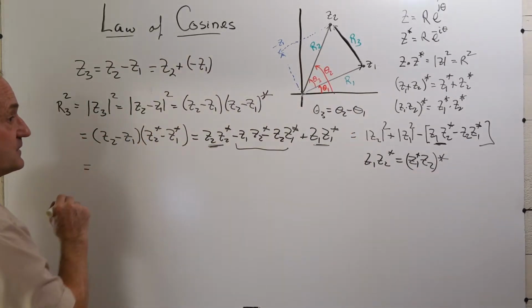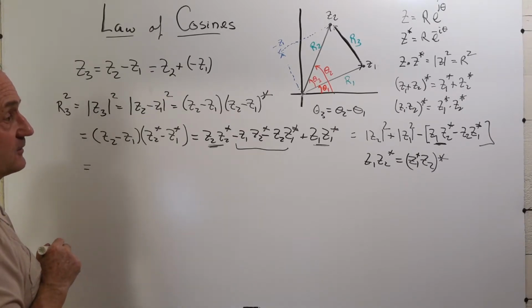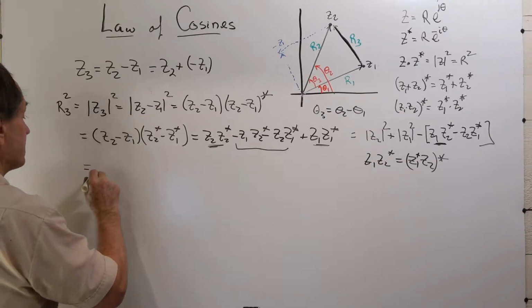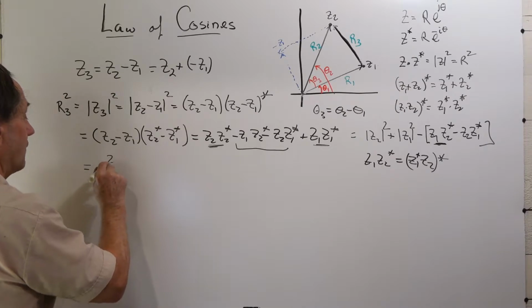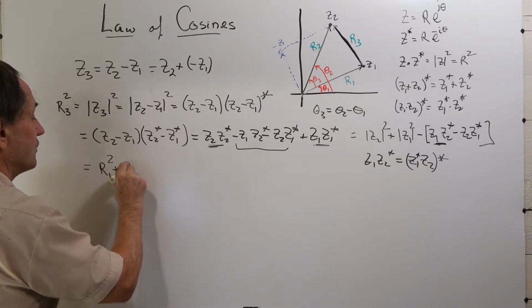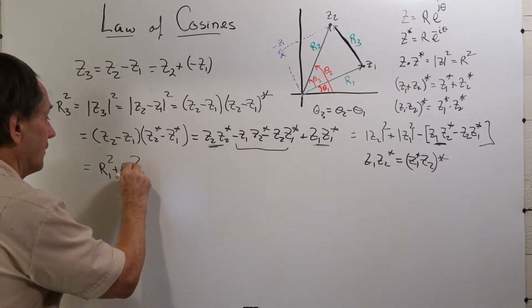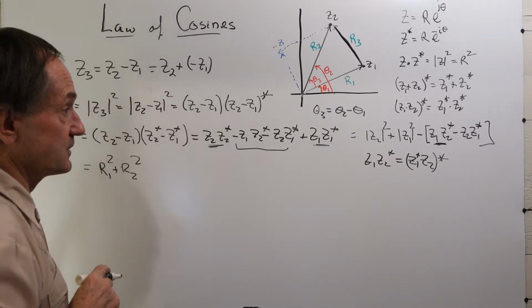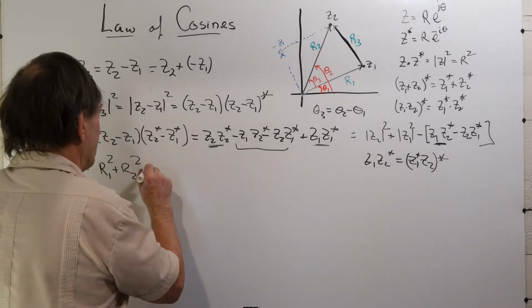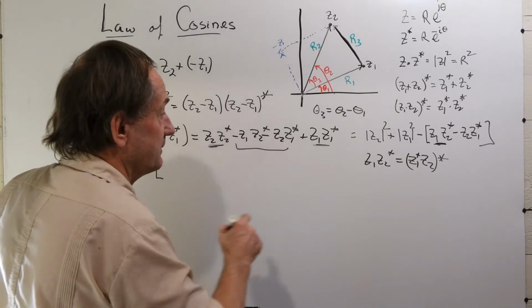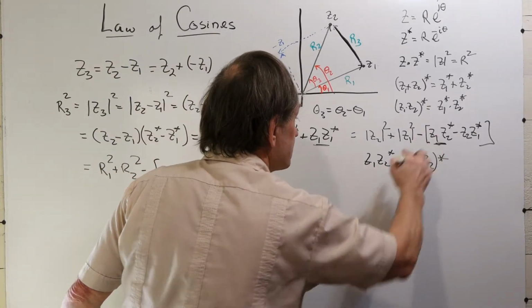Now, Z1 minus Z2 magnitude squared plus Z1 magnitude squared, we can write it as R1 squared plus R2 squared, where R1 and R2 are just the magnitudes. And then we have minus, I'm substituting this in for this expression.